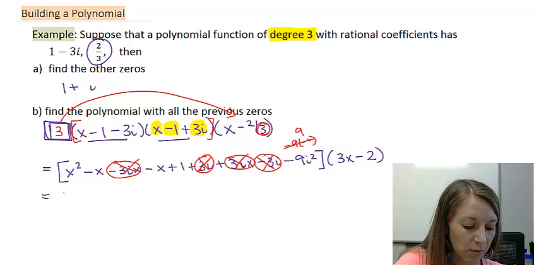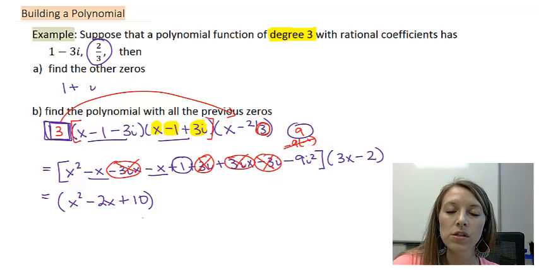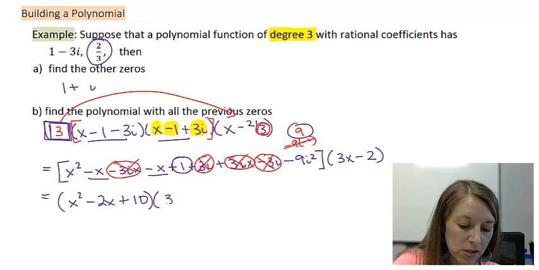So in my first set of parentheses, I have x squared, negative x and negative x gives me negative 2x, and then 1 plus 9 gives me a plus 10. Notice all of my imaginary numbers canceled out, and that's why we need them to come in pairs. And now I need to multiply it by this 3x minus 2.